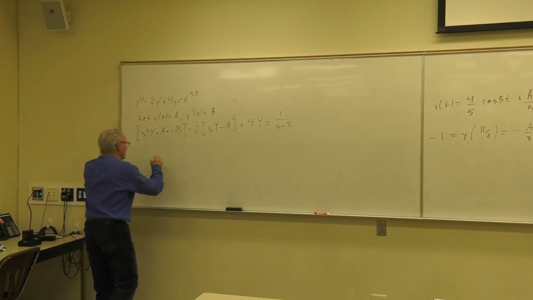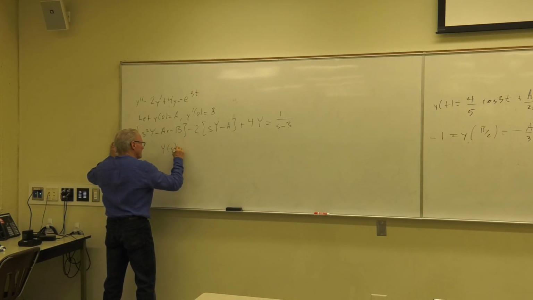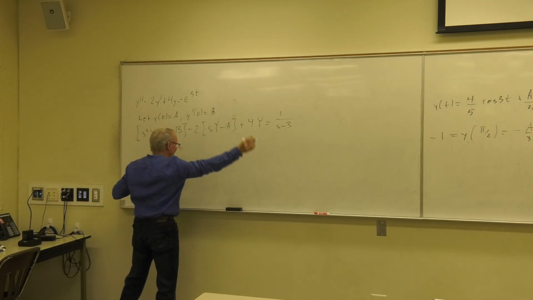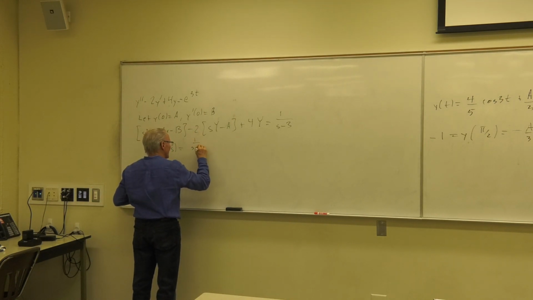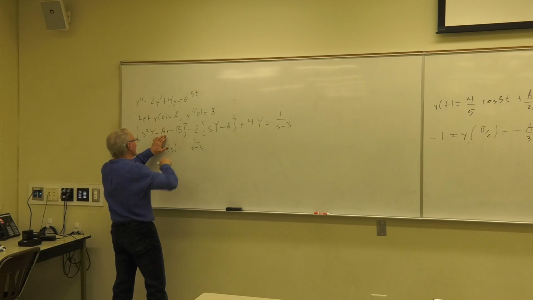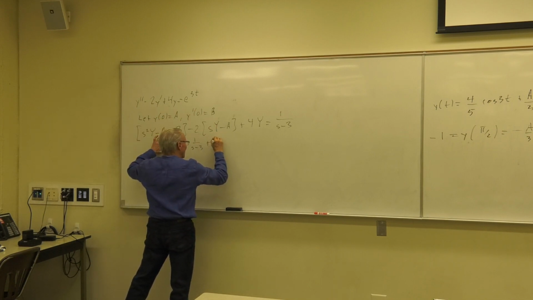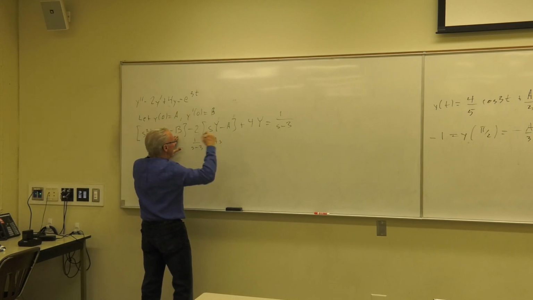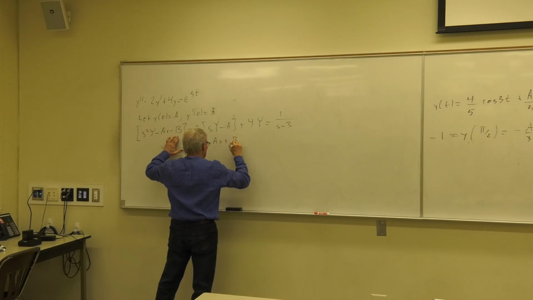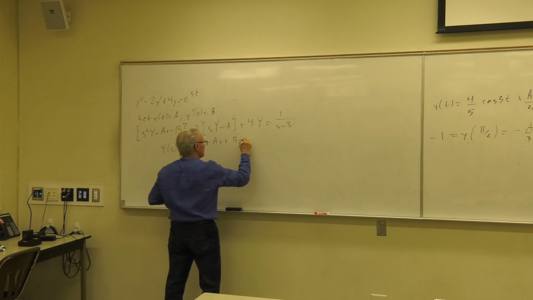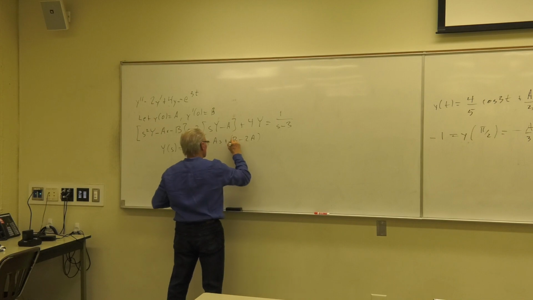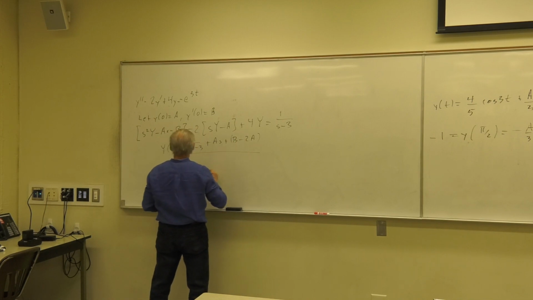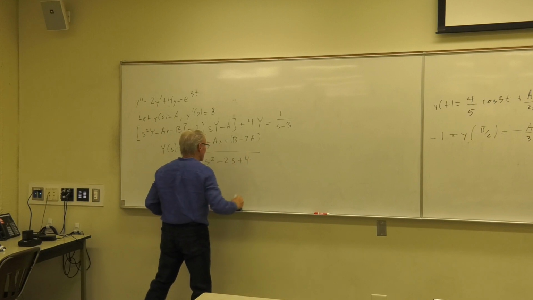We solve for big Y. Big Y is equal to 1 over s minus 3, that's going over, plus as, that's going over, b, that's going over, minus 2a. So let's put those in parentheses, over s squared minus 2s plus 4.